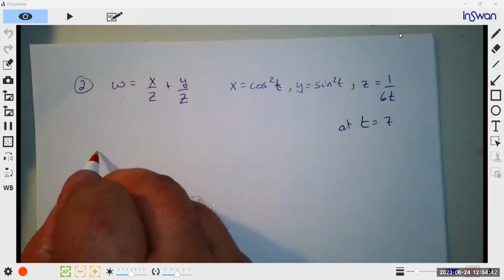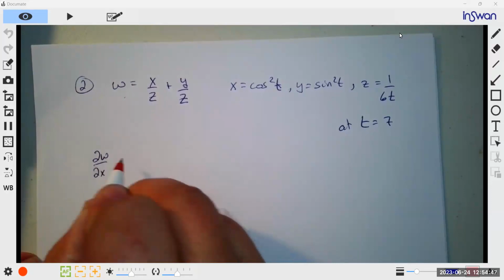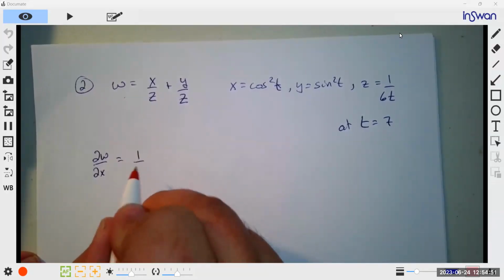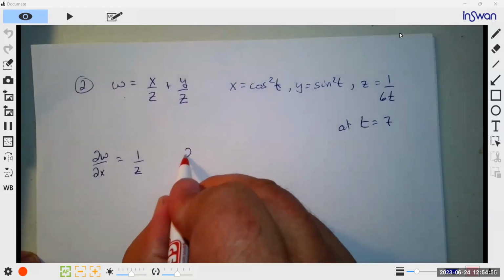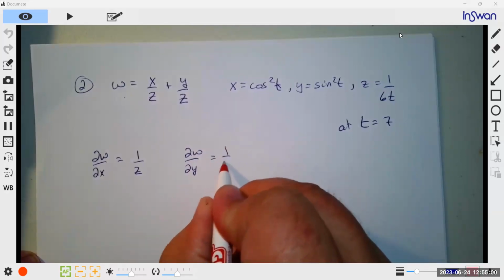So let's first take the partial of w with respect to x, which is 1 over z. The partial with respect to y is 1 over z.